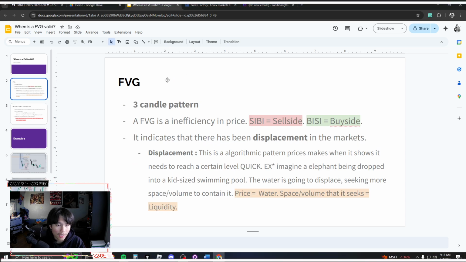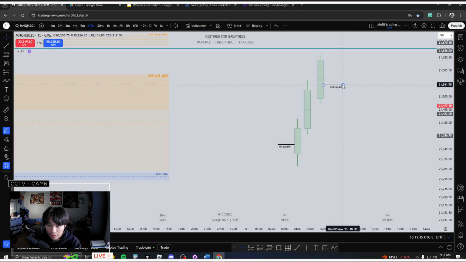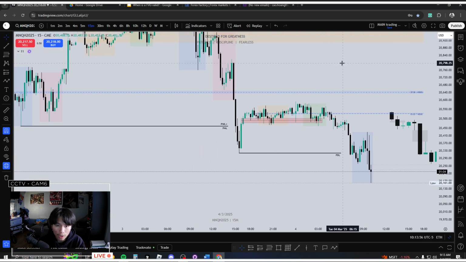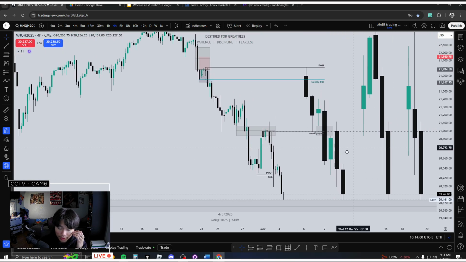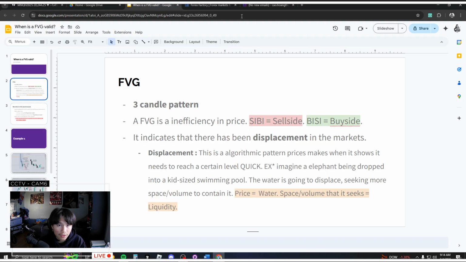All right, and so not every single fair value gap is valid. Not every single fair value gap is going to help you with bias, and the best way to understand when a fair value gap is valid or not is understanding where prices wants to go. So the best way to understand that is, do you know what the narrative is in the market?